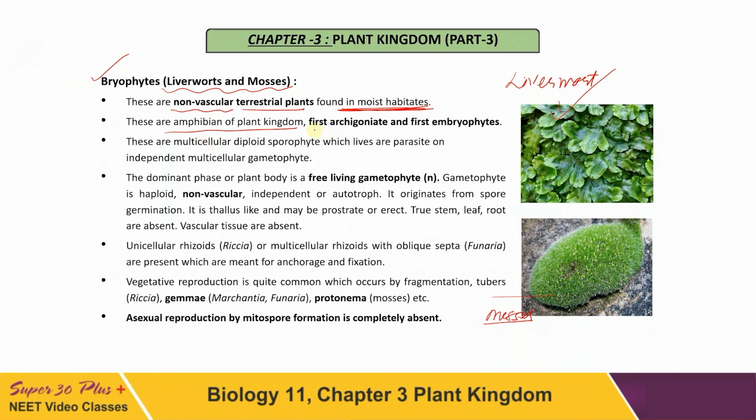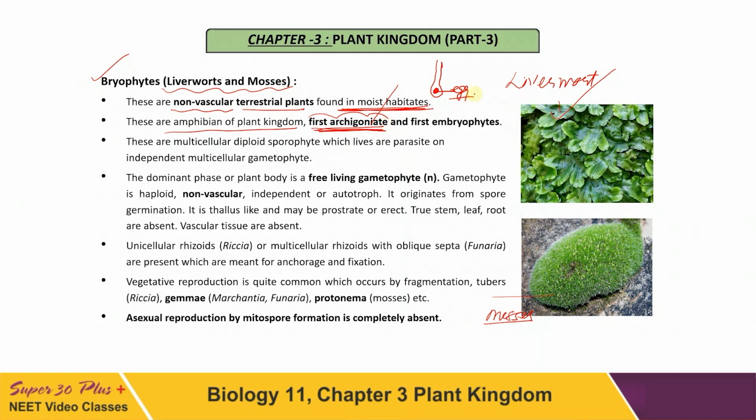These are the first archegonate. We have to discuss in detail. You see, children, archegonia, this is a flask-shaped structure which contains the egg inside. This is the female reproductive organ. For the first time, archegonia develop in bryophytes. Therefore, bryophytes are called the first archegonate.